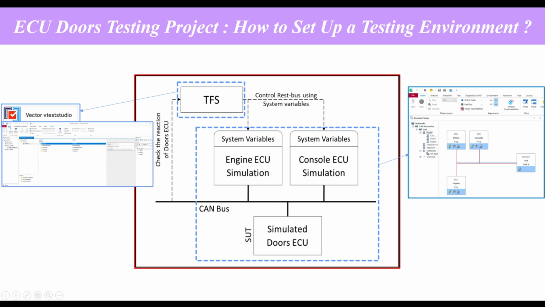In order to test the doors ECU in a controlled environment, we simulate the behavior of the ECUs that normally interact with it. This simulation is performed using CANoe as a tool.